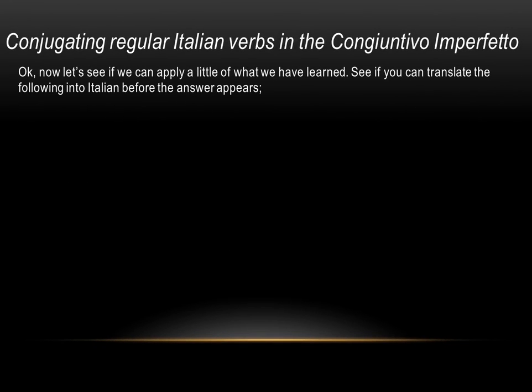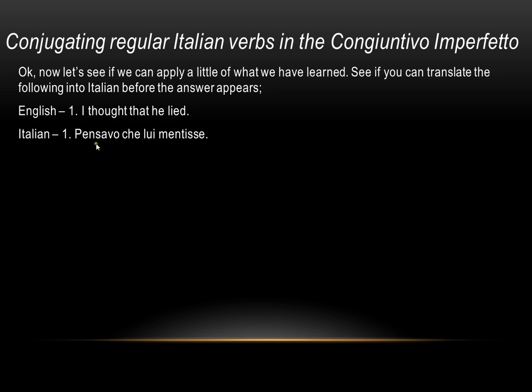Okay, now let's see if we can apply a little of what we have learned. See if you can translate the following into Italian before the answer appears. English: I thought that he lied. Pensavo che lui mentisse.